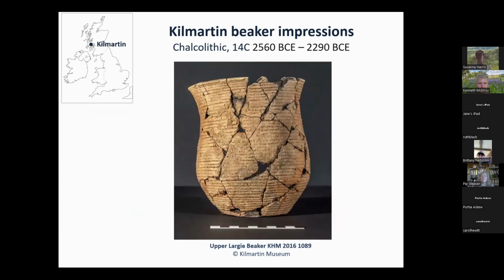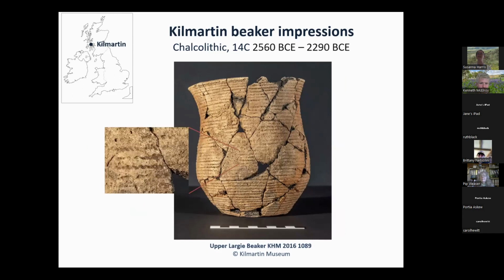This is another example from Kilmartin, another of these cord impressed vessels from Upper Largy, from this burial pit. And again, we have this S-twisted cord yarn, and this beaker and the other one, in fact, are very early examples of cord impressed beakers.